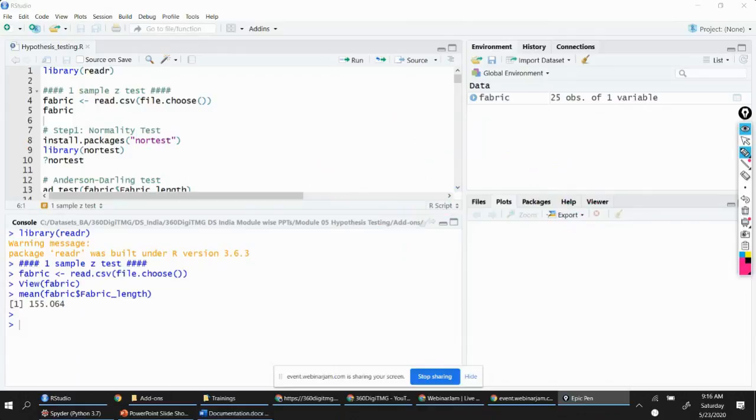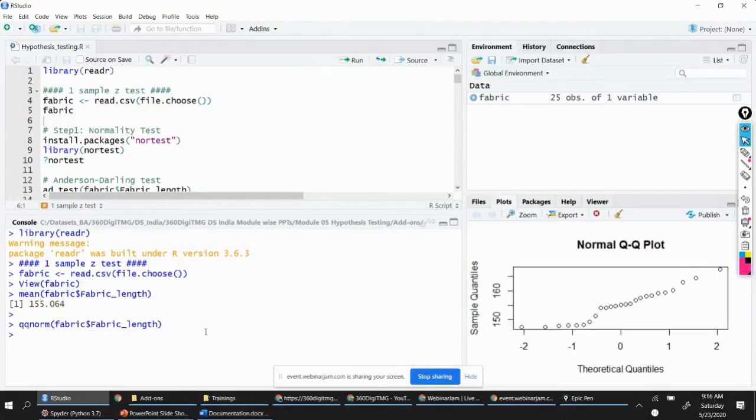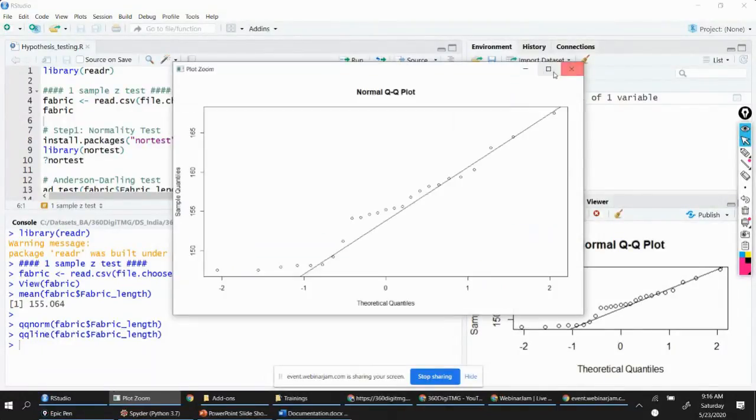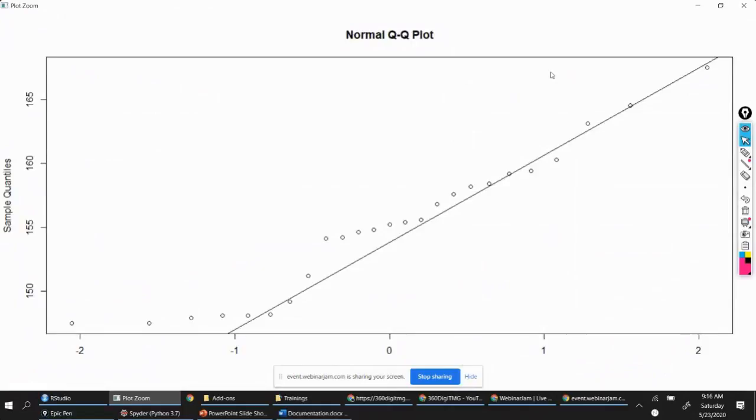So let me quickly verify, show you that. Okay. So we'll do QQ norm. And what is my data? Fabric $fabric. And to verify here, I also have QQ line. And this is your QQ norm.